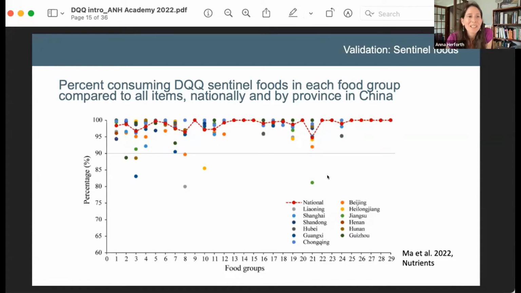However, the actual data is about 6% of people had a nut or seed if all items are included. And if only the DQQ items are included, our conclusion is that 5% of people had nuts or seeds. So, keeping in mind, we're not trying to capture every last thing, but get an indication around the population consumption of these food groups, and it does work for that purpose.